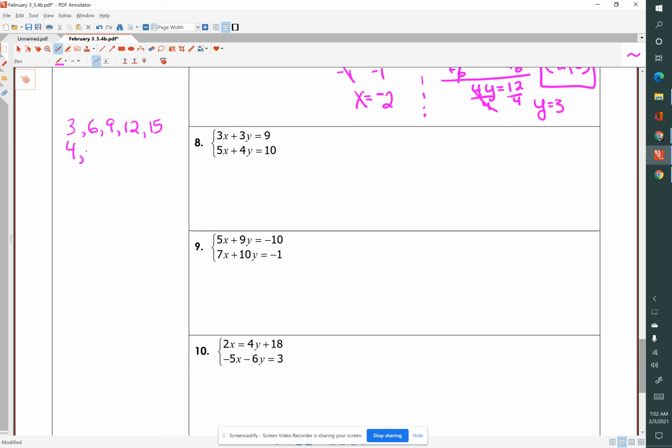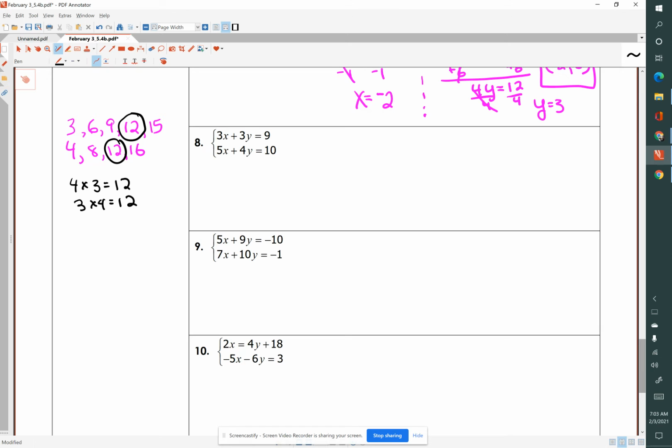The multiples of 4: 4, 8, 12, 16. And I see that I have a least common multiple of 12. So I have 4 times 3 equals 12, and I have 3 times 4 equals 12. So my goal is going to be to get 12y and then just subtract the second equation from the first.